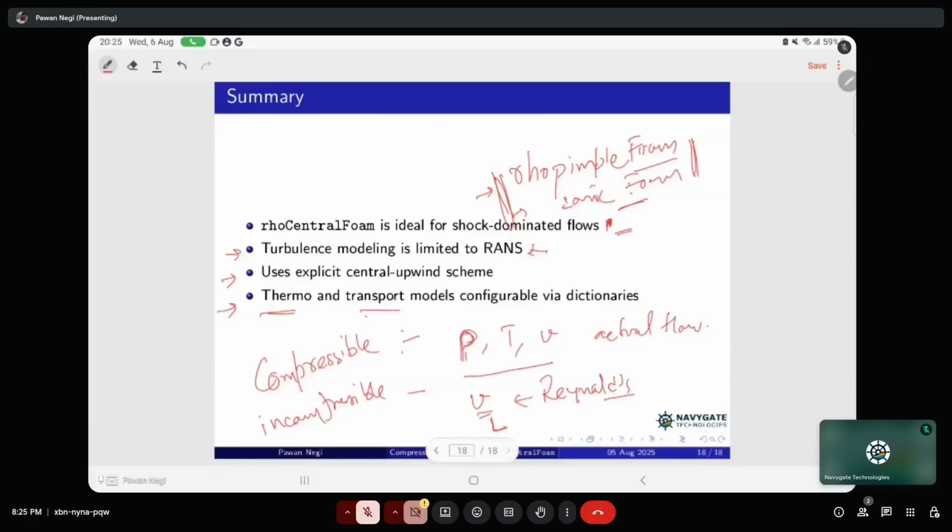For example, if I change my length scale from 1 to 0.1 and just maintain the Reynolds number, I'll still get similar results. But in case of compressible flow, if I change the dimension, then my velocity will change, and if my velocity is going to change, then my Mach number is going to change, and various other correlated variables are there which are hard to handle. It is always recommended in case of compressible flow that you use the actual dimension of the geometry and the actual velocity of the flow to simulate compressible flows.